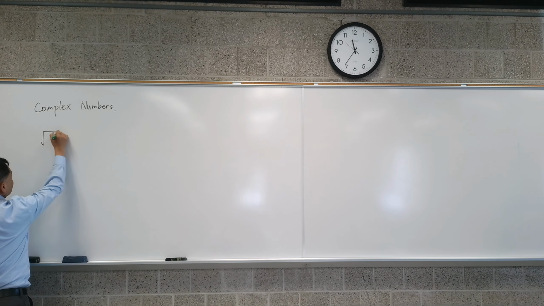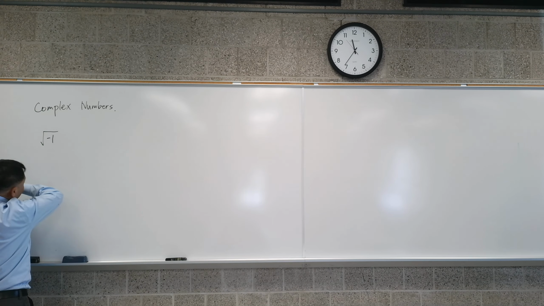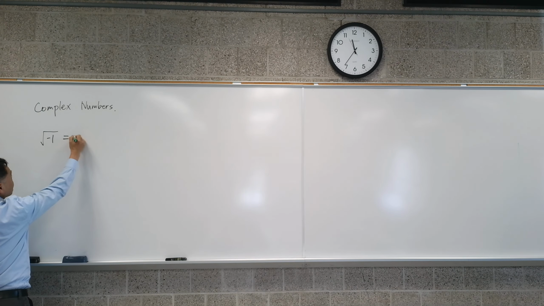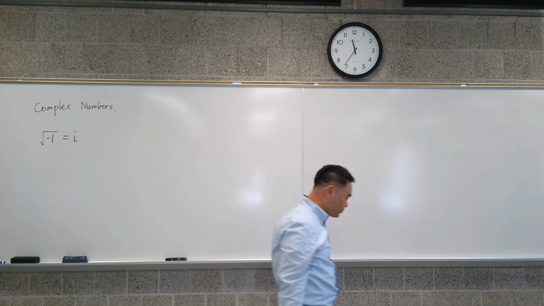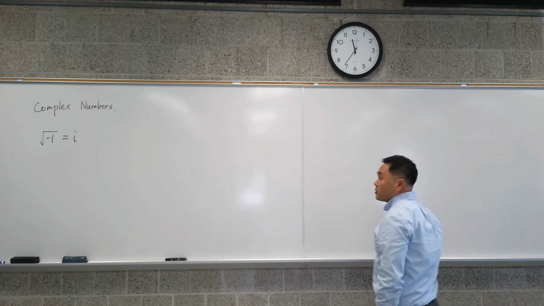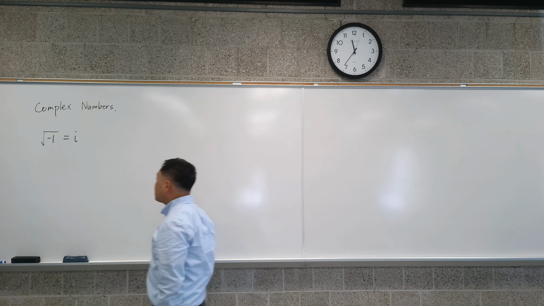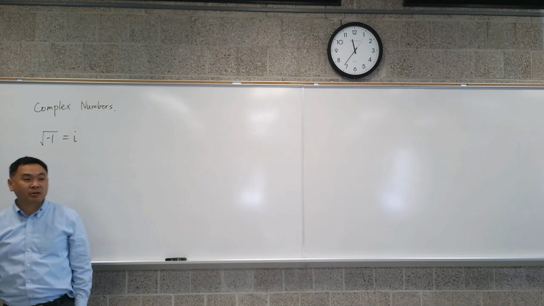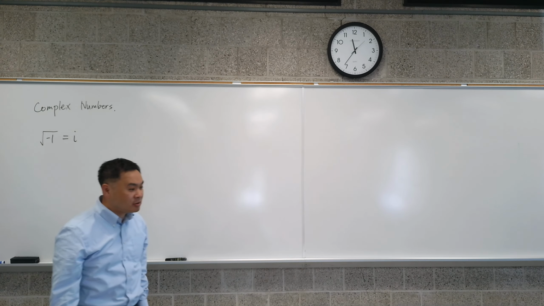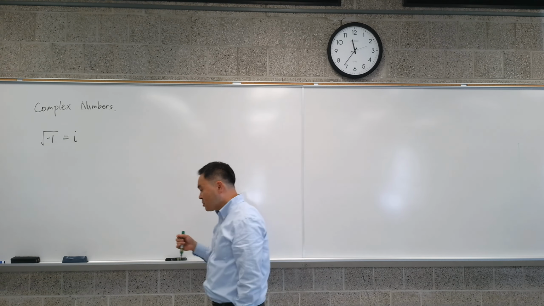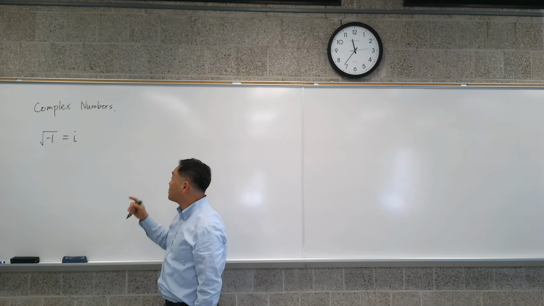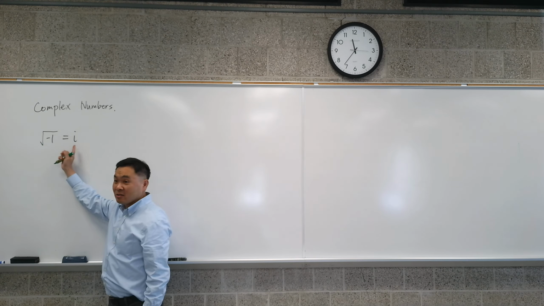So you probably heard that the square root of -1 is i, and it's an imaginary number. It's called an imaginary number because there aren't any numbers that we can use as quantities that would satisfy this number.